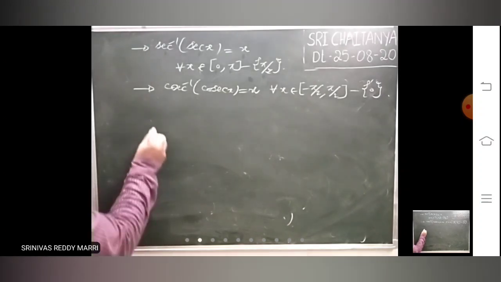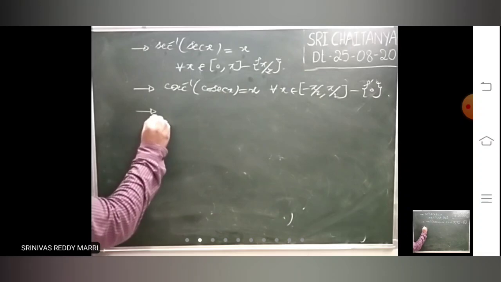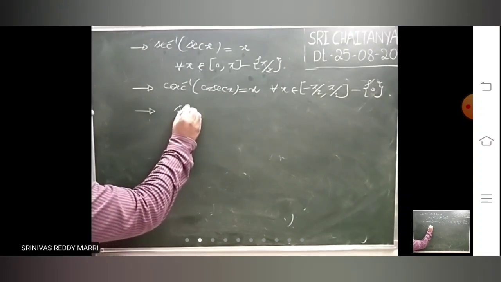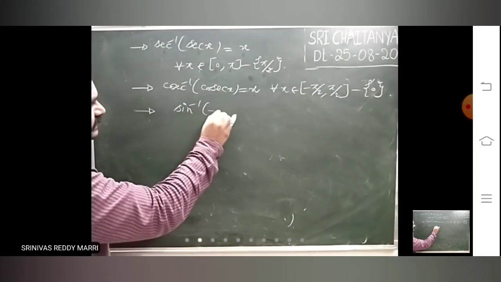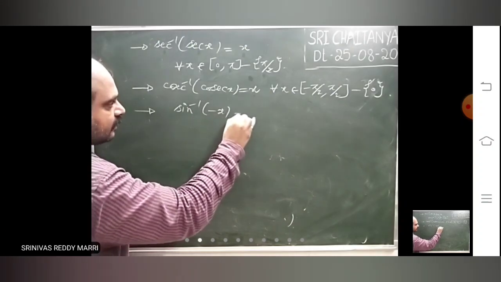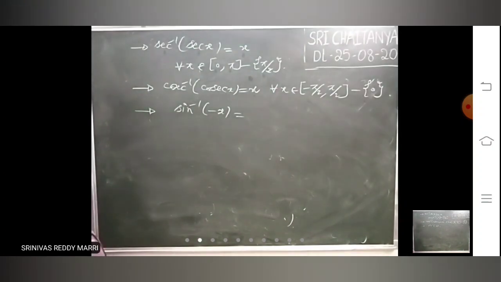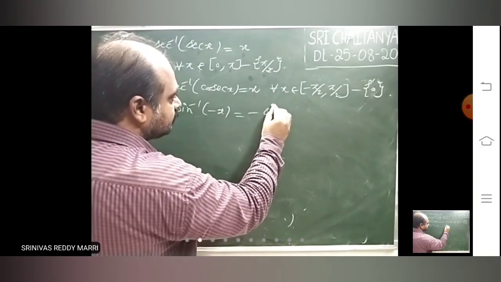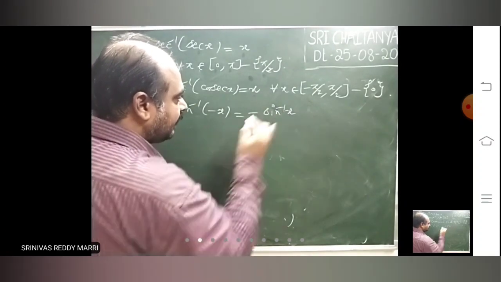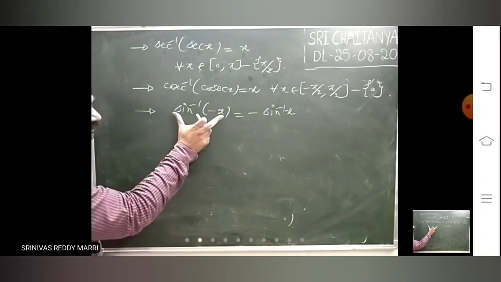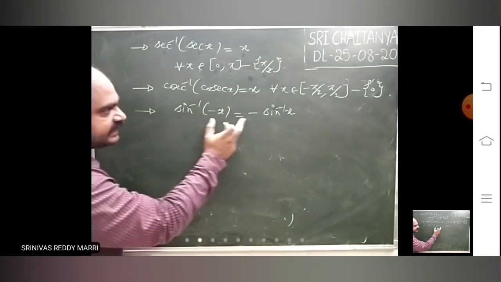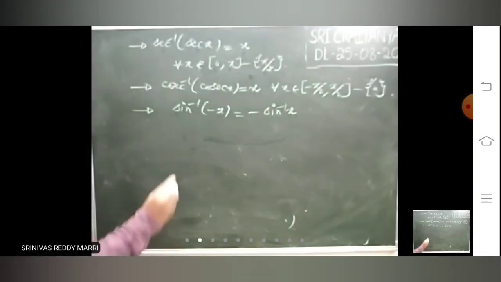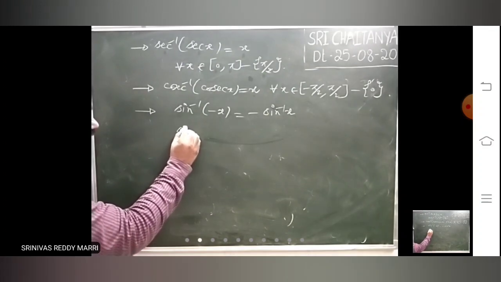Look at next one. For minus x, whenever minus x is there, sine inverse minus x is nothing but minus sine inverse x. Suppose, I will tell an example.